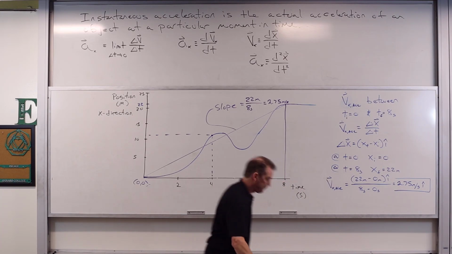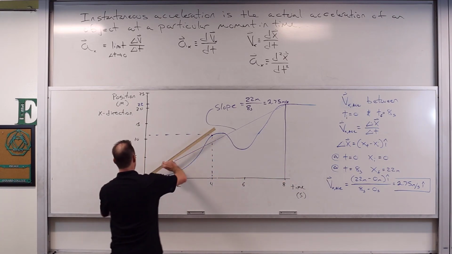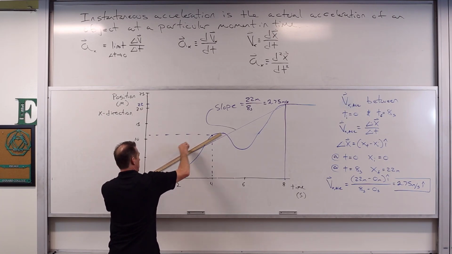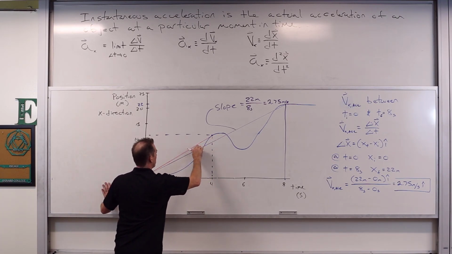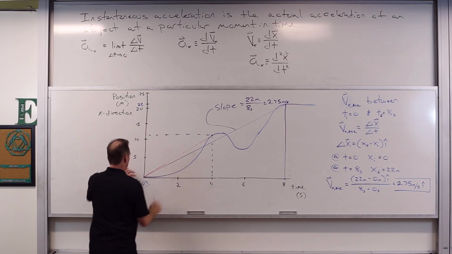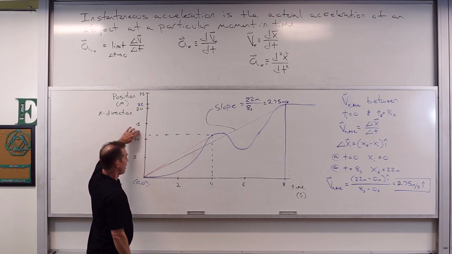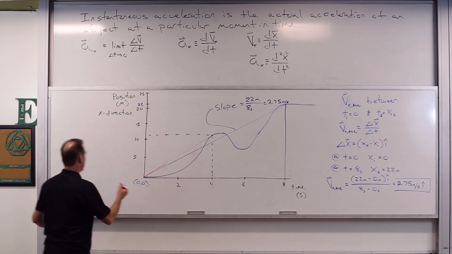I'm going to use red. Now we're looking at the average velocity from going from our initial point to some position here at t equals 4 seconds.